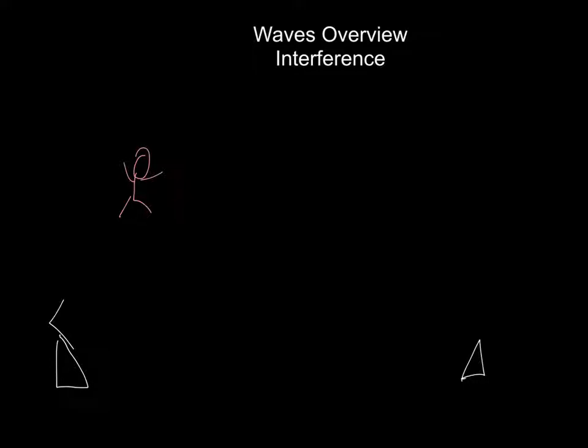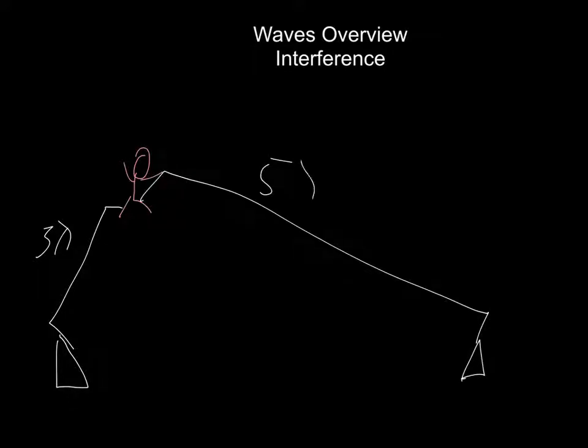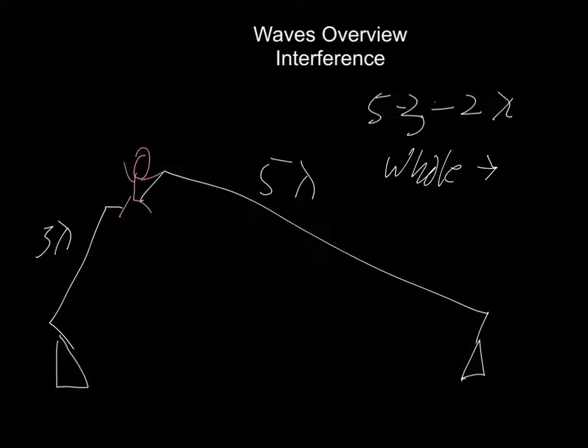So if the distance from this speaker to our concert goer is 3 wavelengths, and the distance from this one is 5 wavelengths, then that gives us a difference of 2 wavelengths. 5 minus 3 is equal to 2 wavelengths. Because this is a positive whole number, if we end up with whole numbers, we get constructive interference. That means that they're going to build together to make the sound louder.